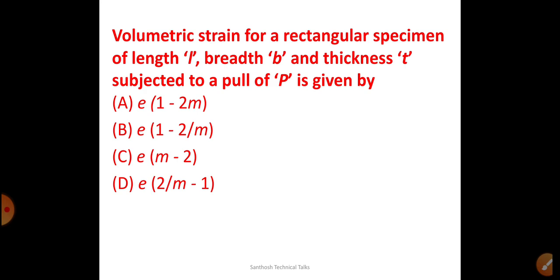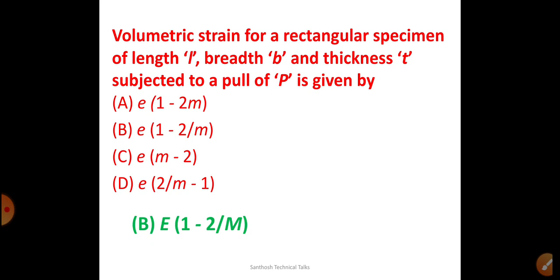And next, very superb question: volumetric strain for a rectangular specimen of length L, breadth B, thickness T, subjected to a pull of P. It is given by, the small e is called strain, so e into (1 minus 2 by m).